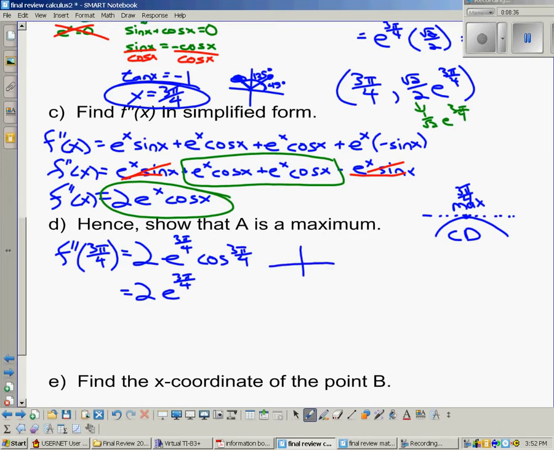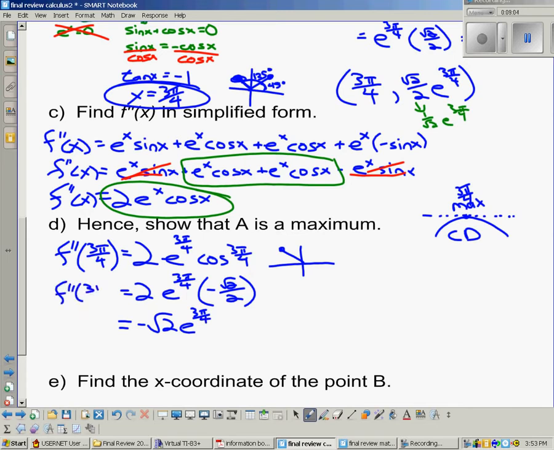Cos 3 pi over 4 is right over here, 135 degrees. Negative x values in the unit circle. This must be a negative value for a cosine. And it's negative root 2 over 2. Okay, so when I work that out, I get negative root 2 e to the 3 pi over 4.